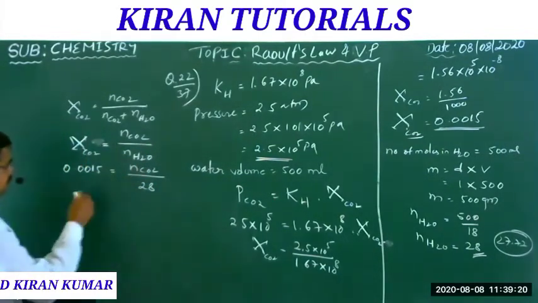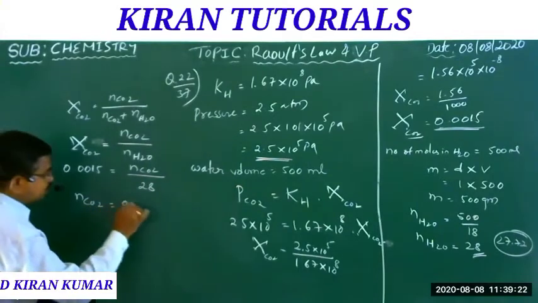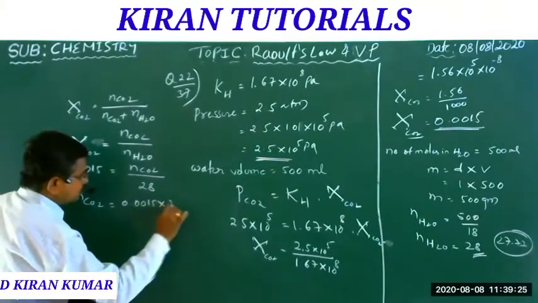Then the number of moles of CO2 is equal to 0.0015 into 28.